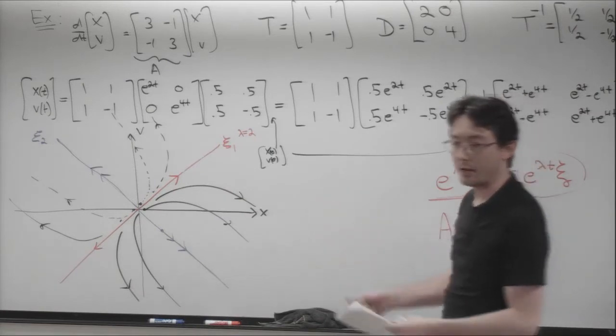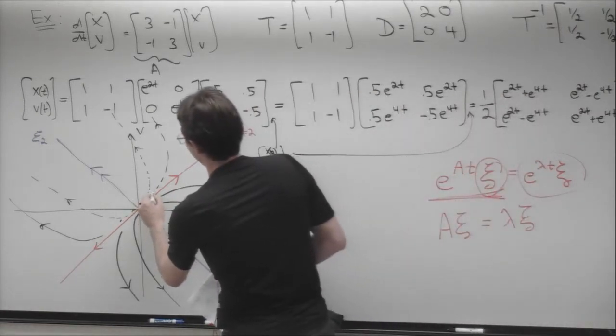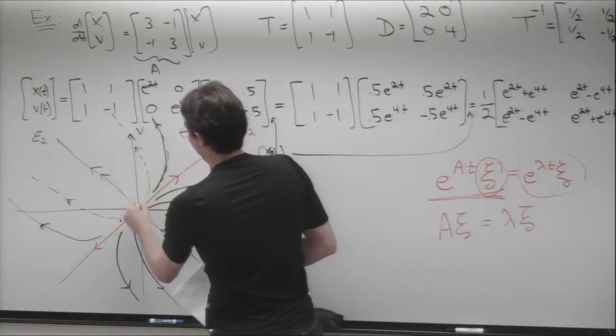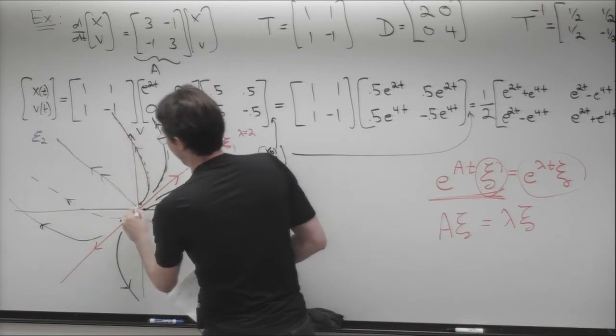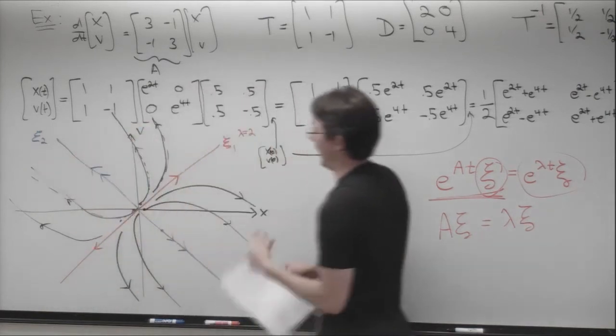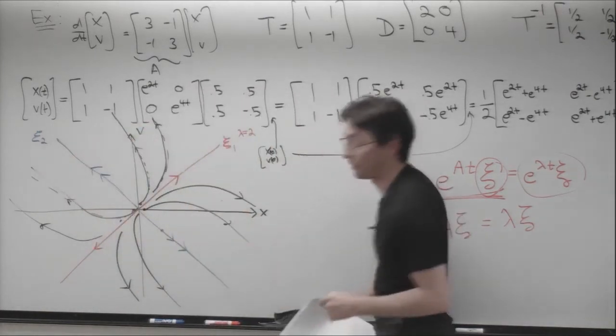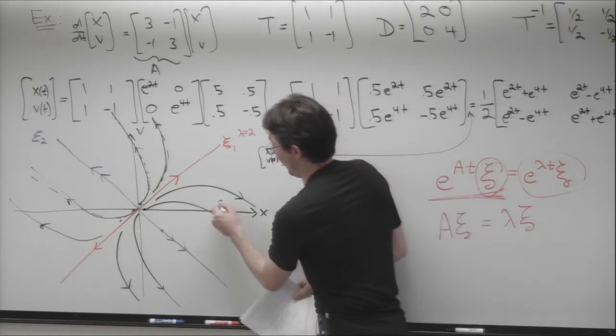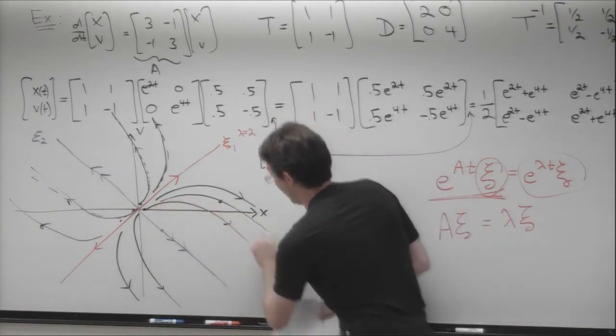Those black lines are actually the solutions. This is a sketch of the solutions for any initial condition you want. If I dropped a point right here, it would pass through that curve.